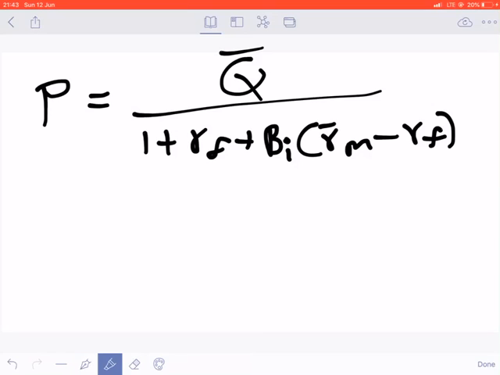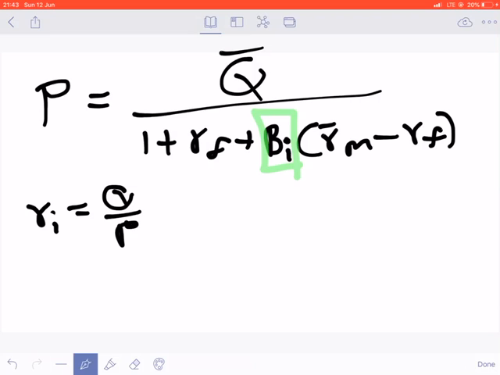So here we are trying to remove the rate of return, and then we want to look at it from the payout perspective, right? So we know that the return of asset I is going to be equal to the payout over the price minus 1, right?